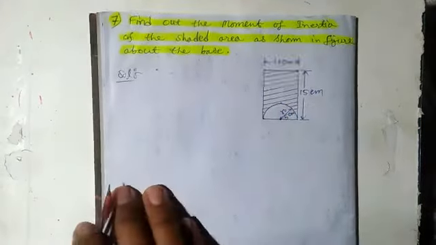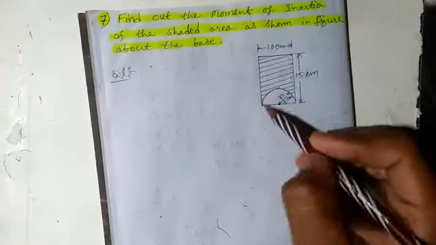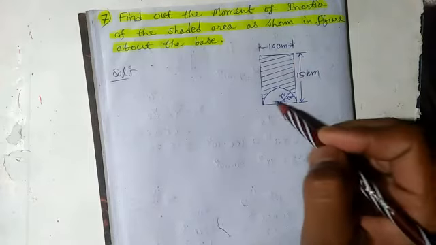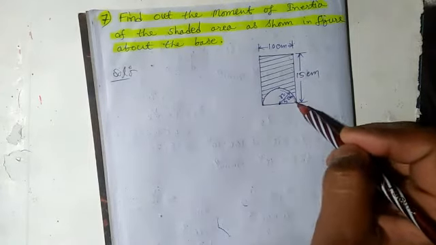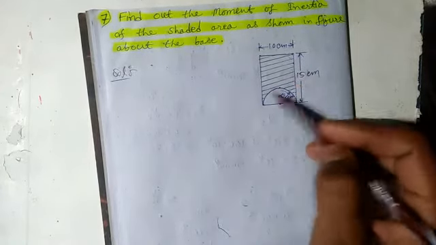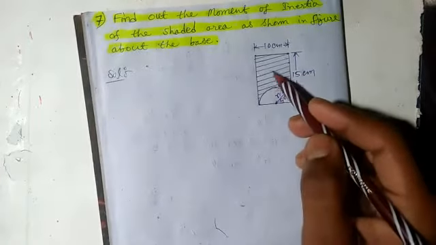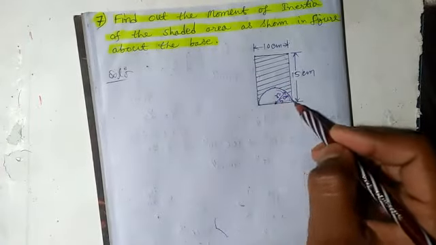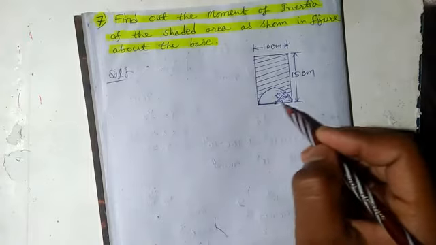Let's see. This is a rectangular section and this is a semicircle. So what will be the moment of inertia of this shaded portion about this base?